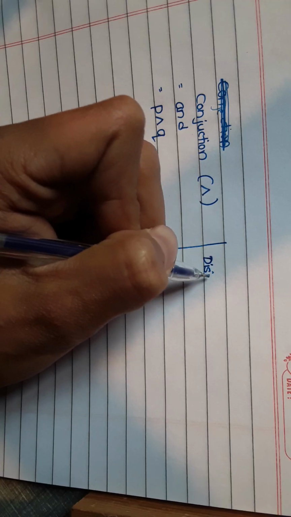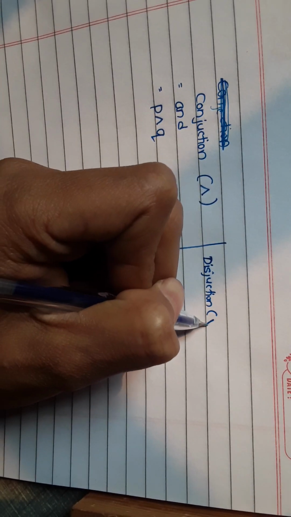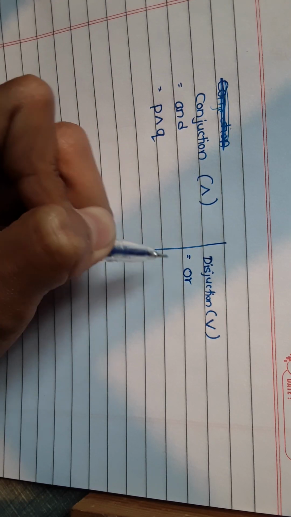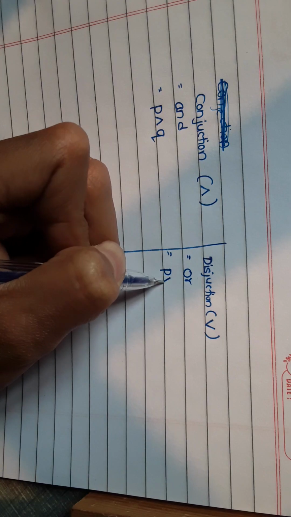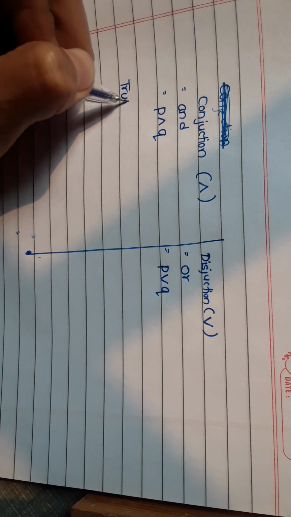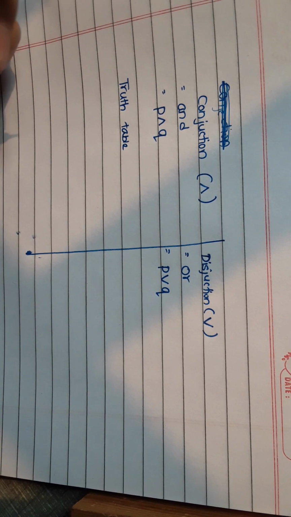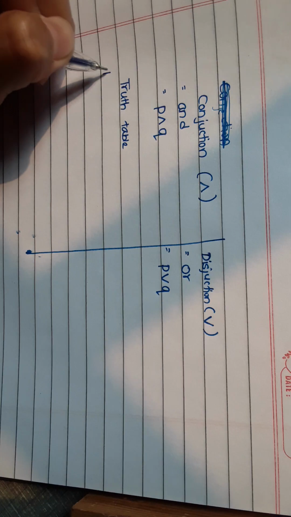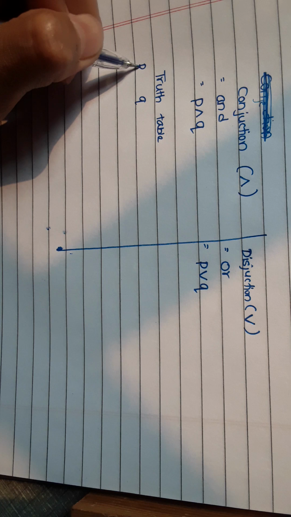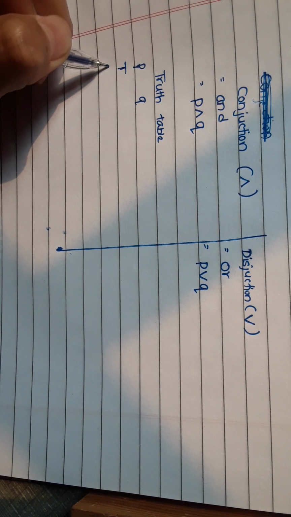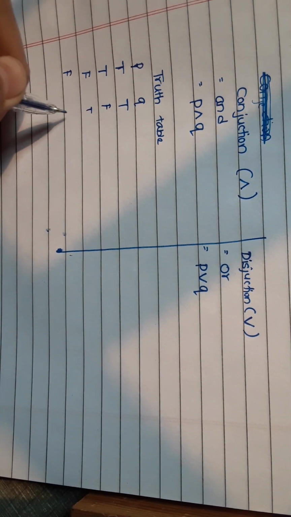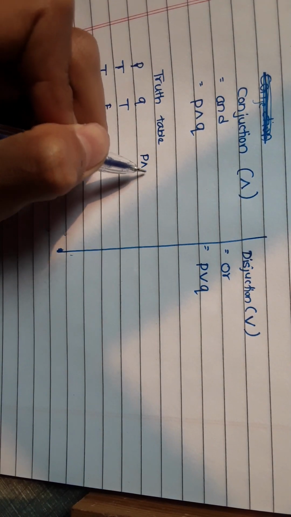Disjunction is denoted by this sign, which stands for "or", and is written as P disjunction Q. So basically the truth table for this, like we know for P and Q: P is true, true, false, false, and Q is true, false, true, false.